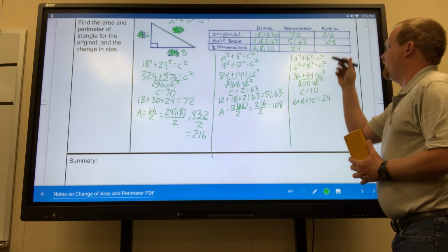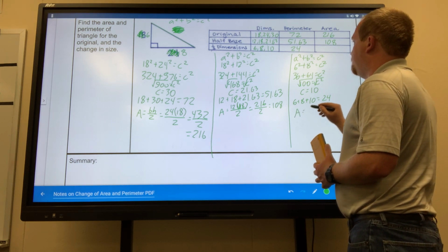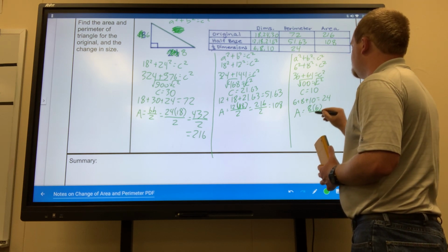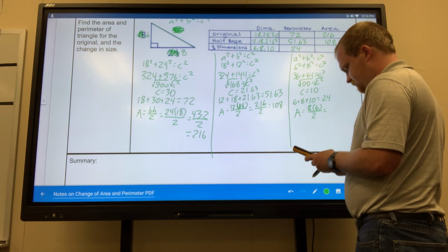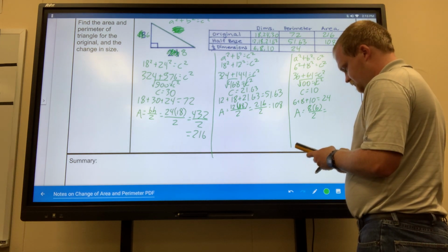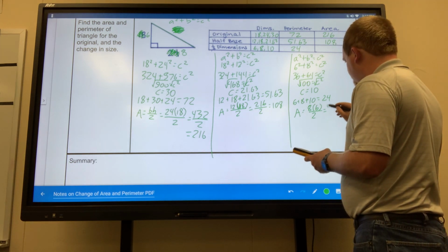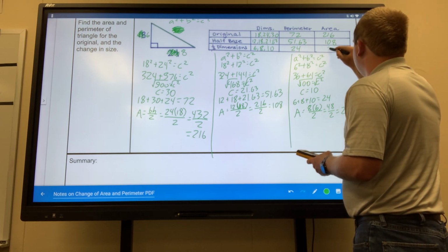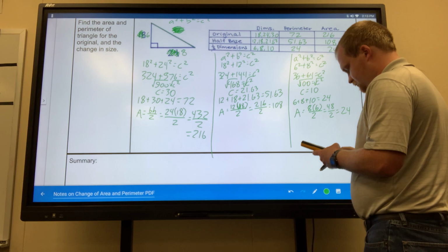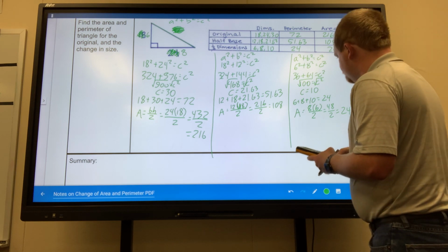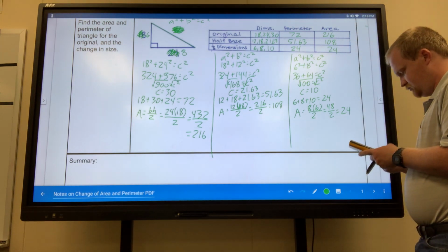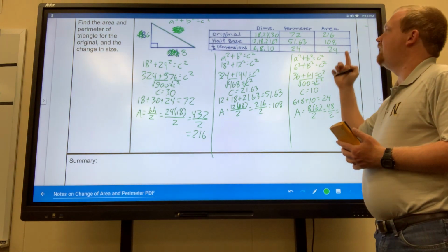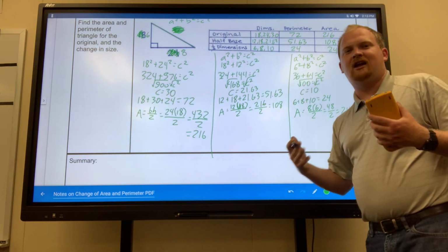Now, to find the area, remember, it's base, which is 8, times the height, which is 6, divided by 2. 48 divided by 2 happens to be 24. Okay, so that's going to be the area of my triangle if I take it by a third.